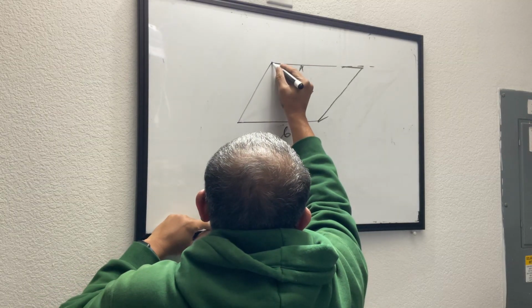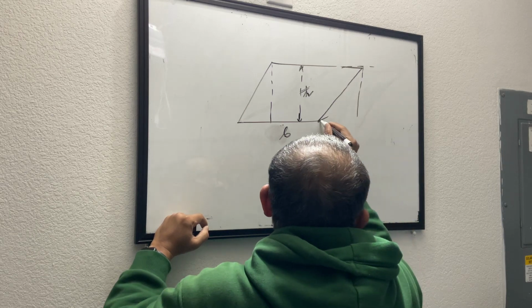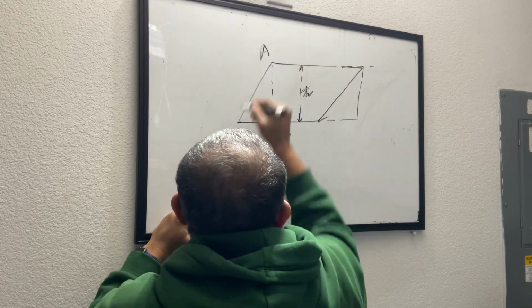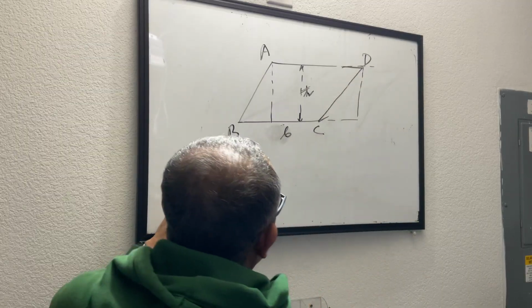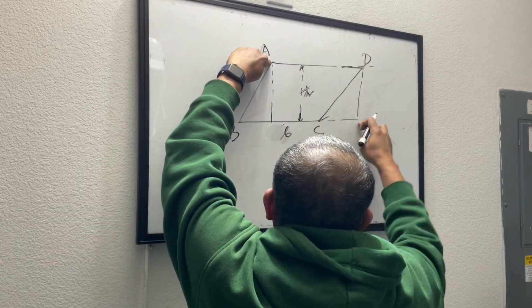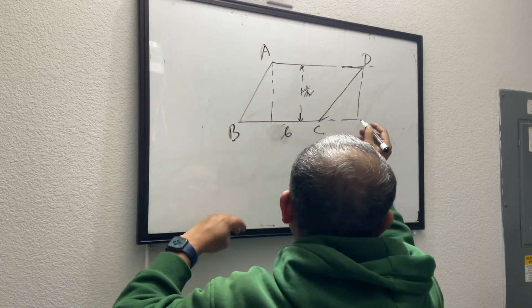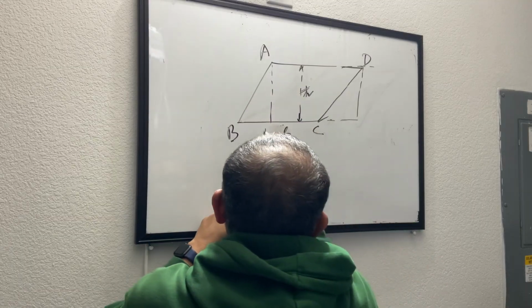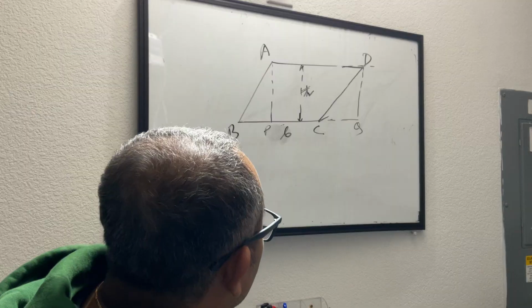Now let's do one thing. Let's say this was my parallelogram ABCD, and we're trying to find out the area for that. What we did was we picked point A and D and dropped a perpendicular from those points onto this line. So now let's say this is meeting at P and this is meeting at Q. Okay.